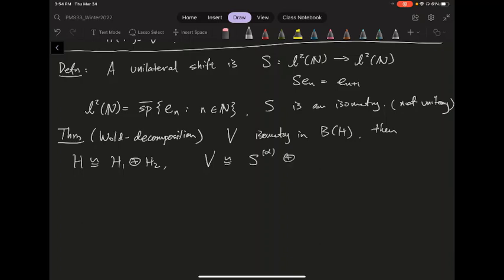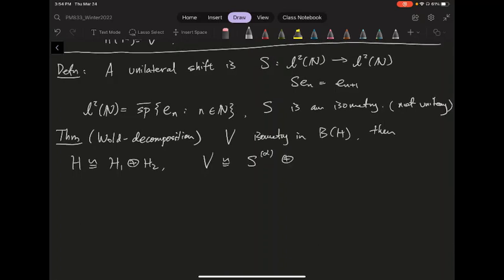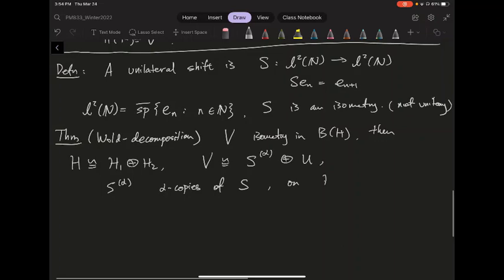And then you have this direct sum with a unitary. So here S_alpha is alpha copies of the unilateral shift, which is an operator on the H1 part, and U is just a unitary operator on the H2 part.